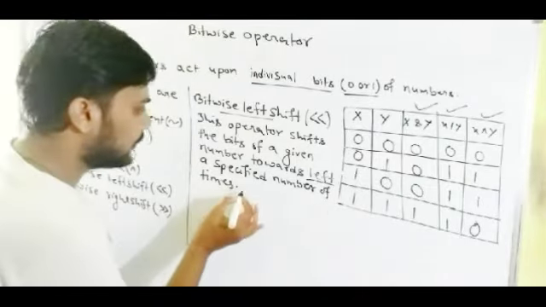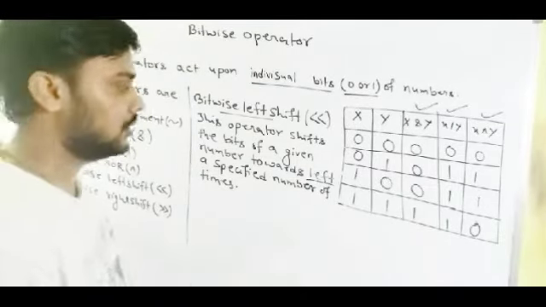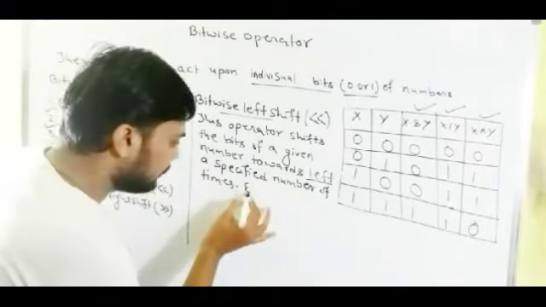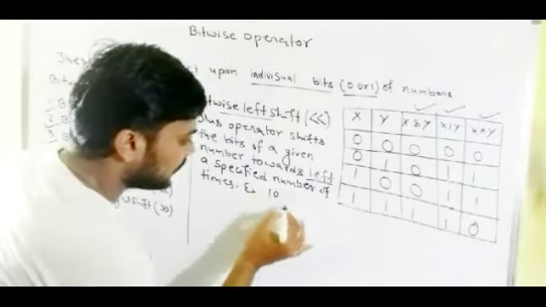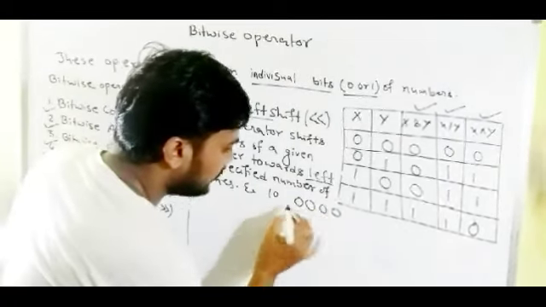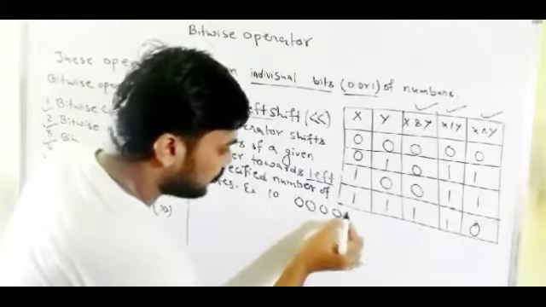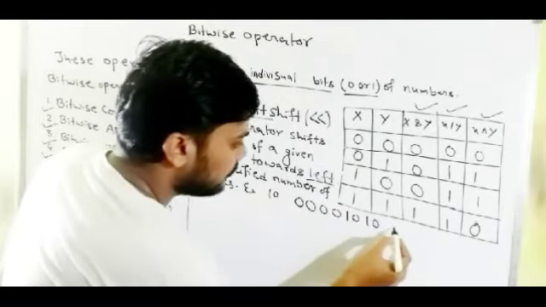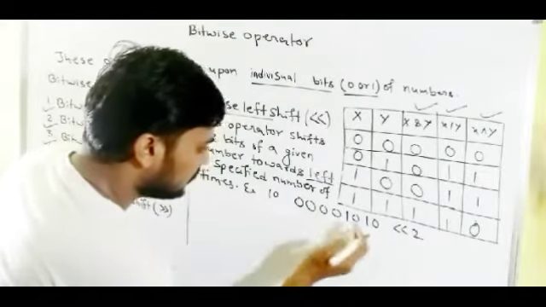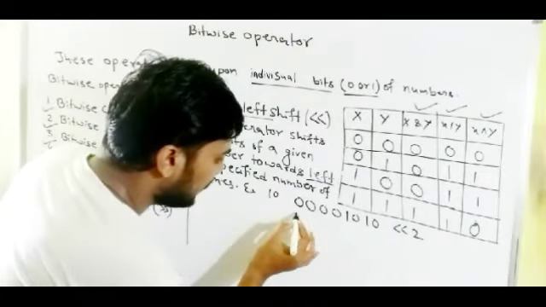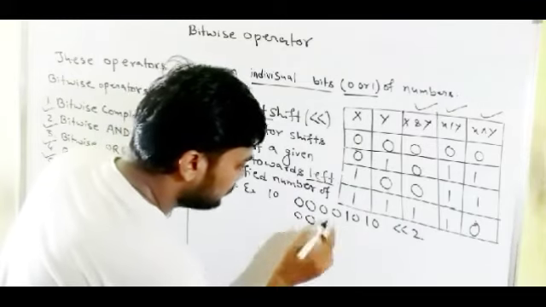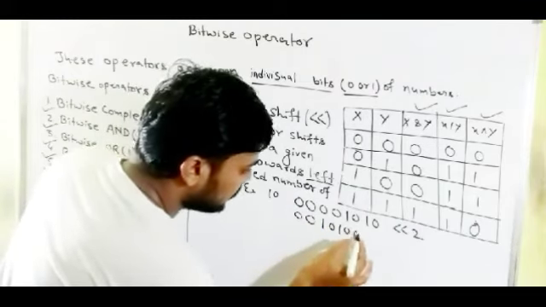If you take an example like 10, in binary it is 1010, and if we apply the left shift 2 times, it gives 00101000.